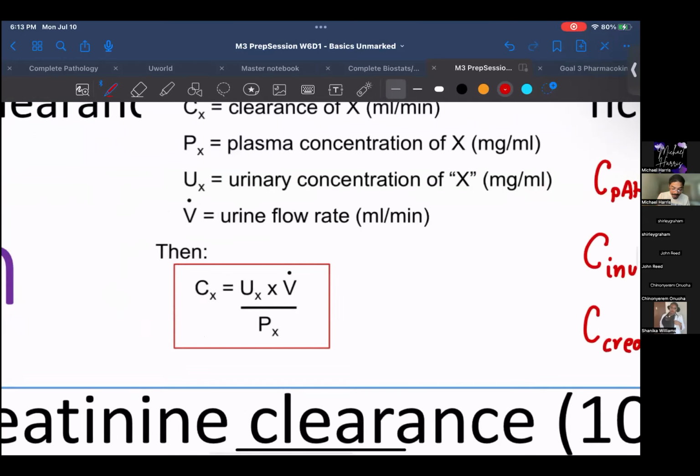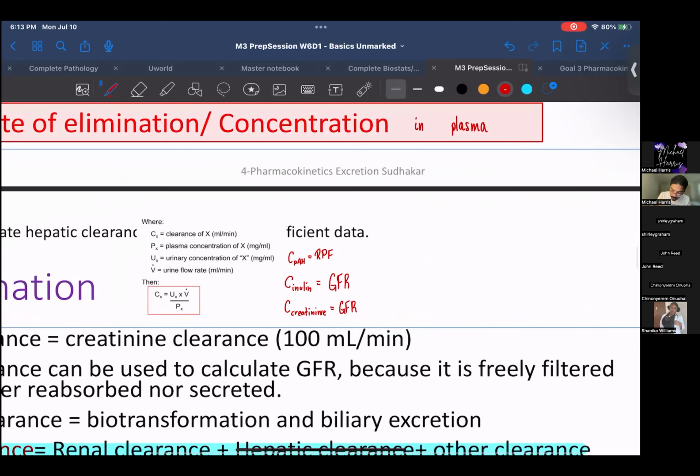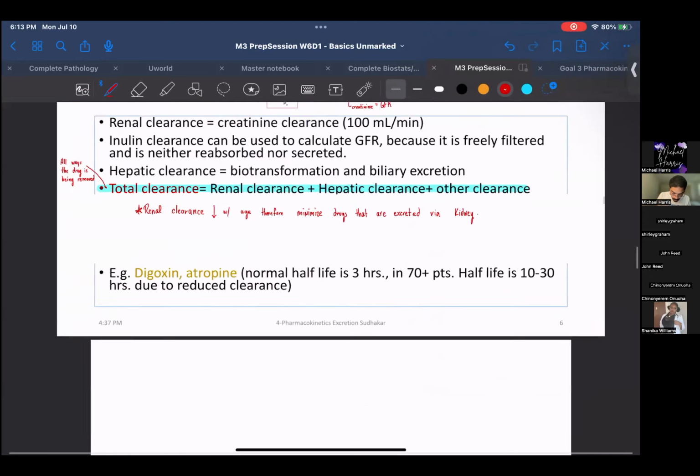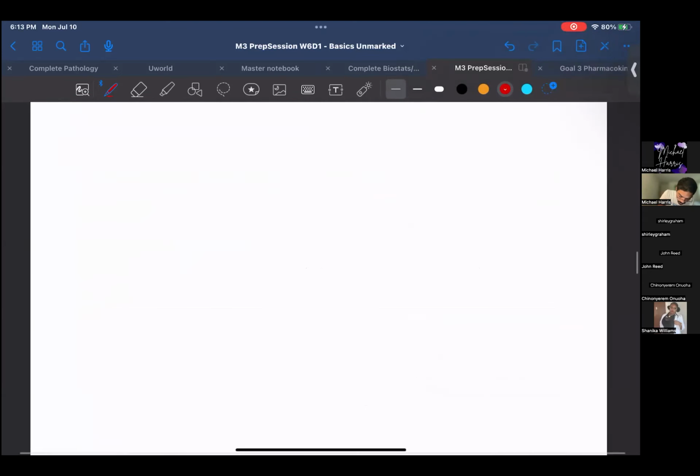And you did that by taking the urine flow, how much urine, right? And you multiplied that by the urine concentration.